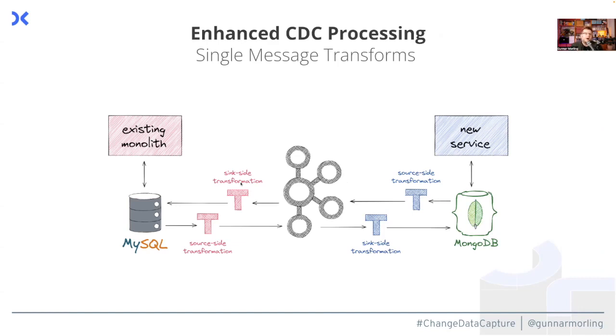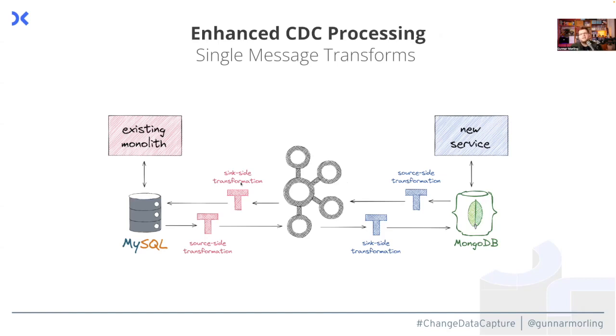Maybe we have old legacy column names which we want to rename, or maybe some weird date formats, some weird data representations like booleans and so on. So we could use such an SMT to shield our newly extracted microservice from all those oddities in the monolithic database and provide a clean data contract.